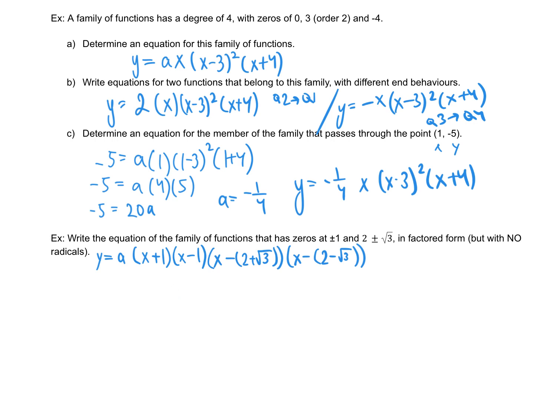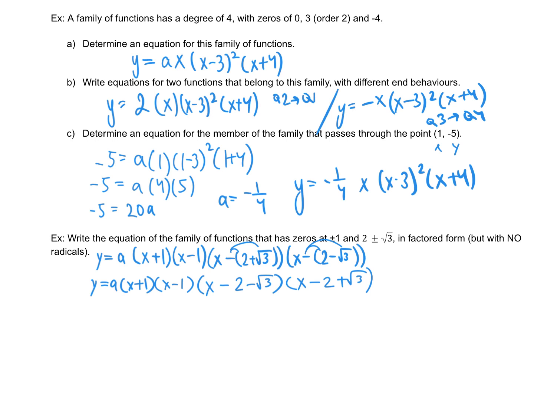So now let's clean this up because it says that we can't have radicals. My first brackets are perfectly fine the way they are, so I'm just going to rewrite them. The next ones, I'm going to clean up the bracket within a bracket by distributing the negative in. So I'll have x minus 2 minus root 3 and x minus 2 plus root 3.